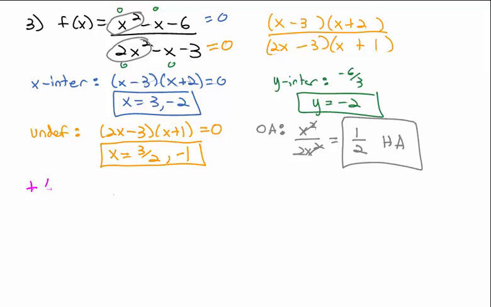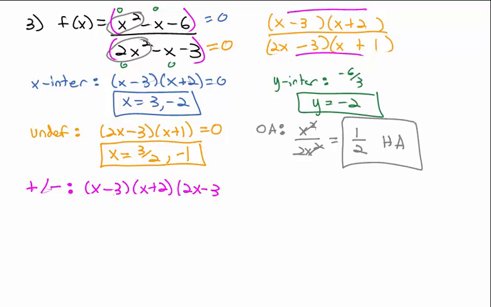To figure out the positive and negative regions, we take the numerator times the denominator. Factored form is probably best. We'll do x minus 3, x plus 2, 2x minus 3, and x plus 1. And if we multiply x times 2x times x, we get 2x to the 4th, which means it's going to come in from a positive, wiggle, and go out from a positive.